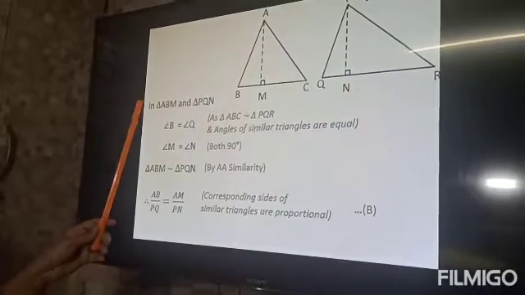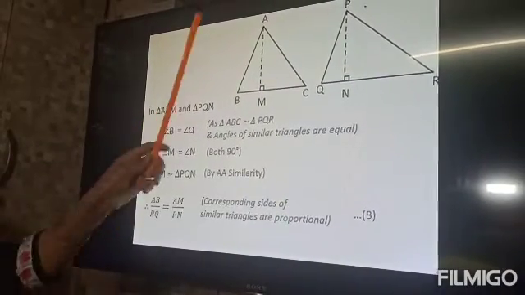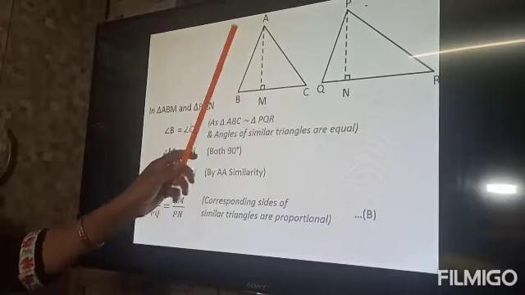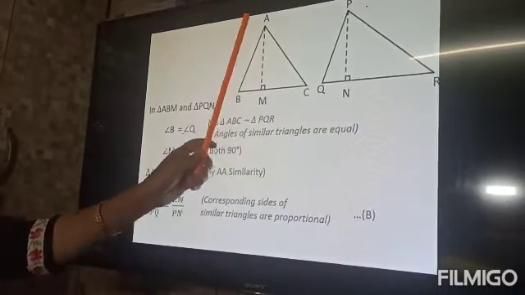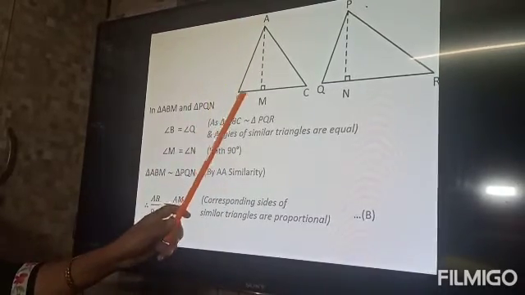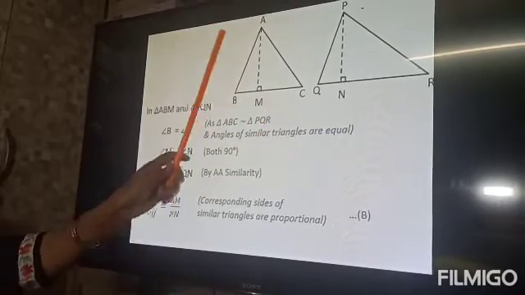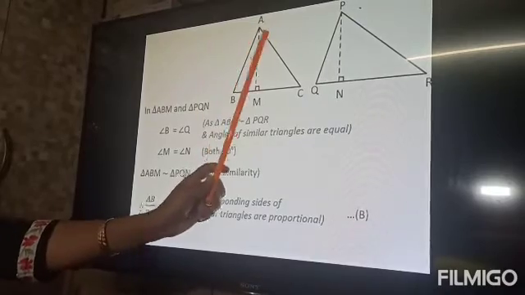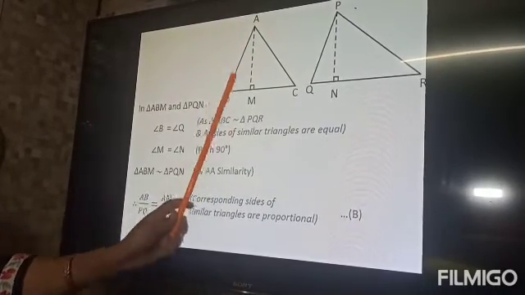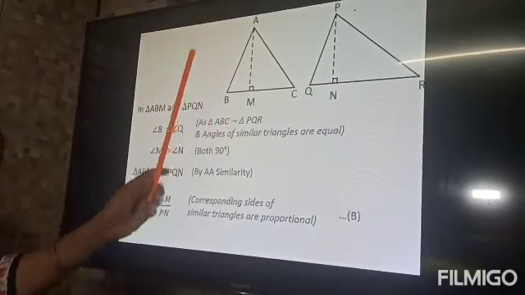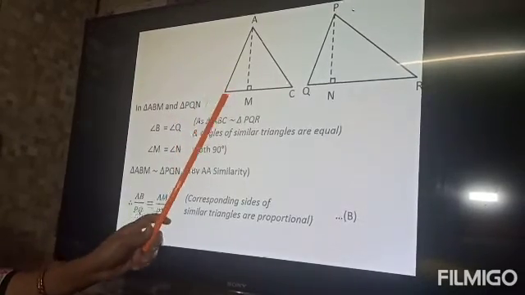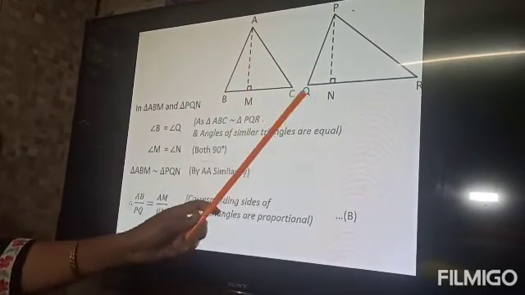Next, in triangle ABM, only this half part by this perpendicular line we drew now. AM is perpendicular to BC. By drawing this, we got two triangles. In that, take triangle ABM with PNQ.